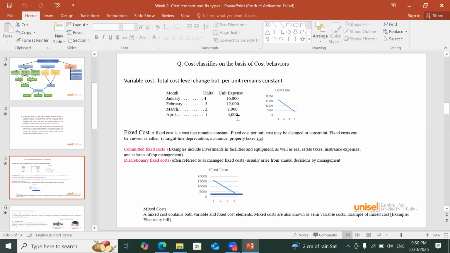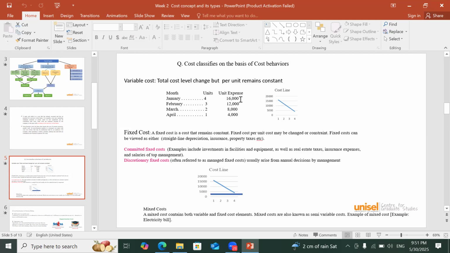The expense is proportionate. You see 1 unit 4,000, 2 units 8,000, ultimately per unit 4,000. Again 3 units 12,000 taka, per unit 4,000. Again 4 units total 16,000 taka, per unit 4,000.